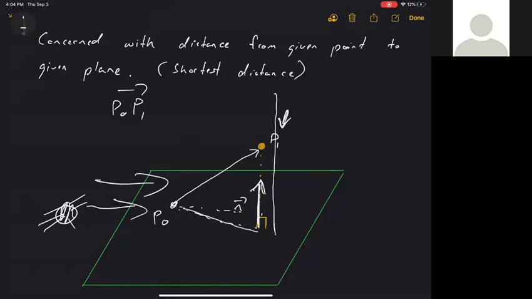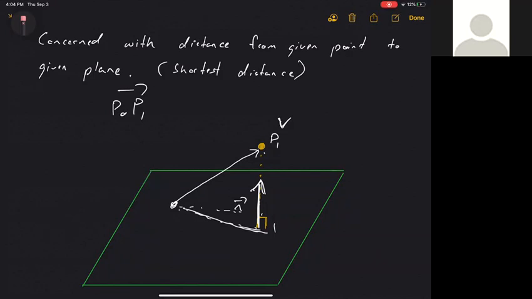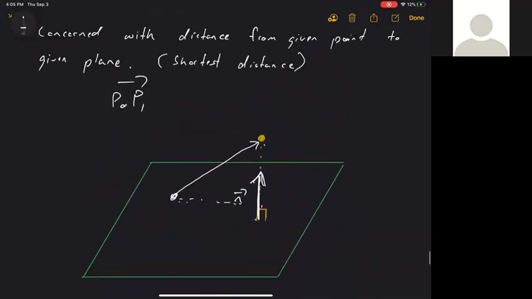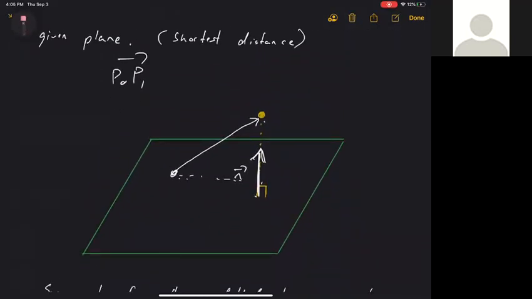I haven't drawn it well, but it would cast straight down, and the shadow would cover this whole region here. It would actually be exactly this vector from the plane to P1. The textbook gives a good illustration of this if you want to check that out. So the projection of P0 P1 onto n will give us this vector here.